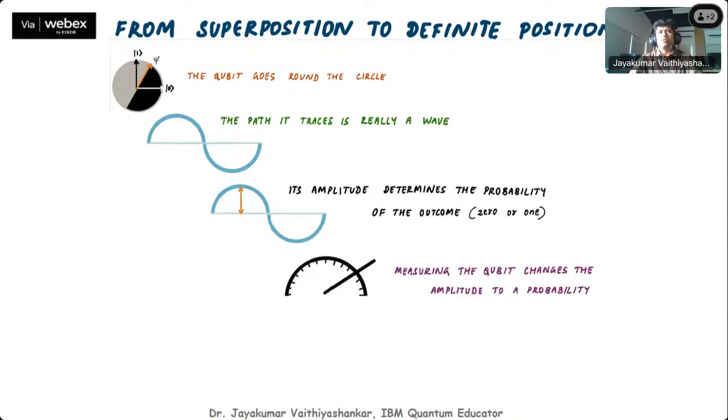You can say it is a mixed state. Whenever you measure a qubit, according to its location, it will give either 0 or 1. The location gives the higher probability, the more likely outcome.